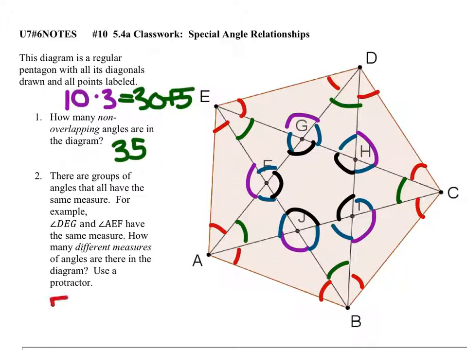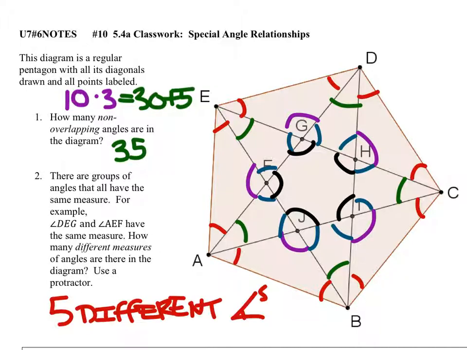Now we don't need to know what they are just yet, because we don't need to use a protractor yet. But if we did, we could find the measure of each one. Actually, looking at this one, these angles are also the same as the purples. So it looks like we have 4. That's nice.